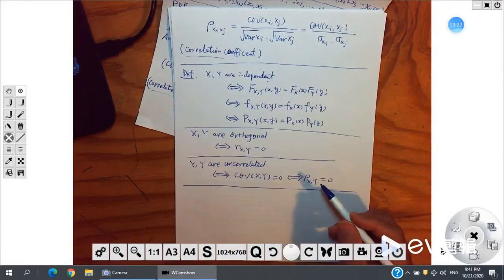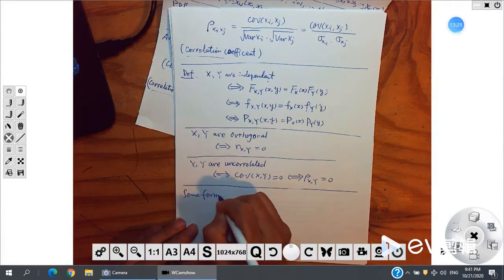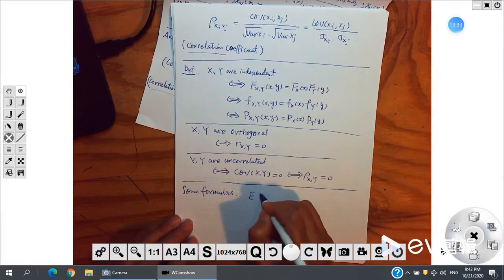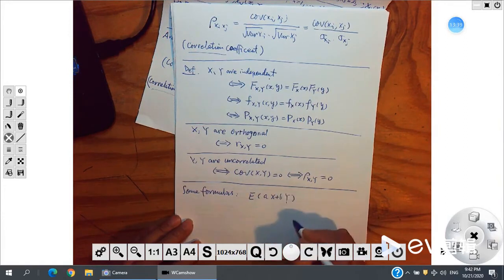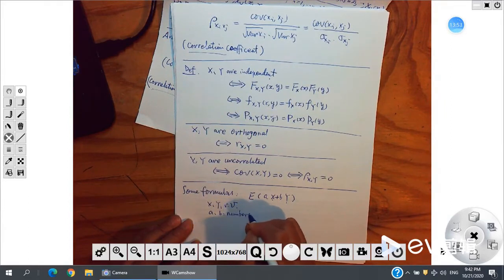Then we can have some formulas. For the expectation value, when we combine X and Y, here A and B are constants, X and Y are random variables, and A and B are just numbers, not random variables.